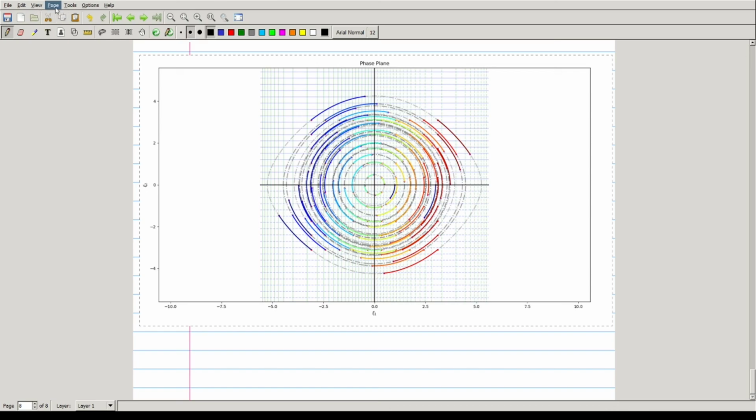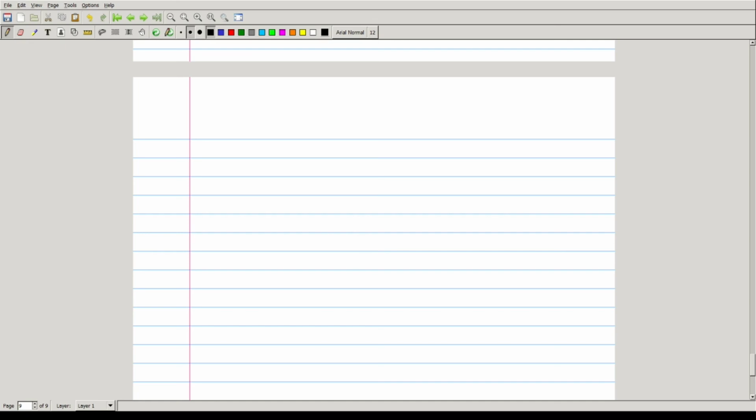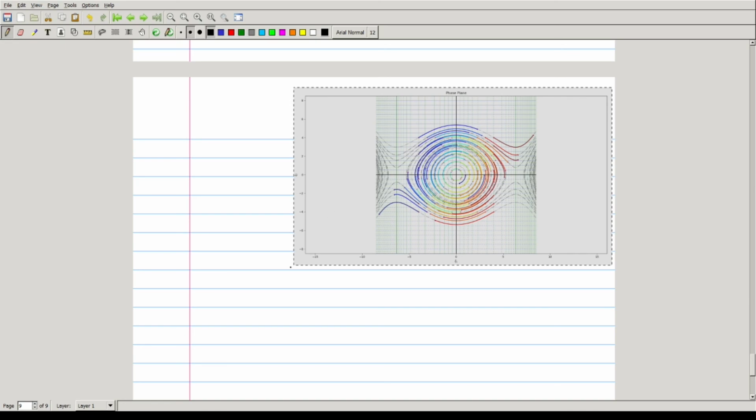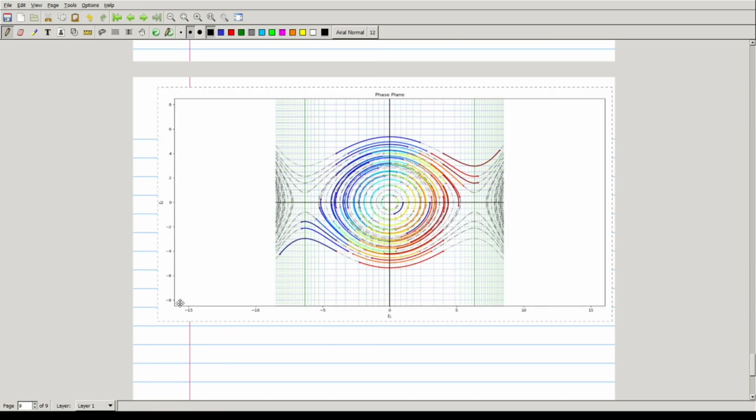And like I mentioned before, you've got to be very careful that you don't go too large with your initial conditions, because you run into something like this. You'll remember that for a soft spring, when k3 is negative, we found three equilibrium points. The middle equilibrium point at 0, 0 is stable.